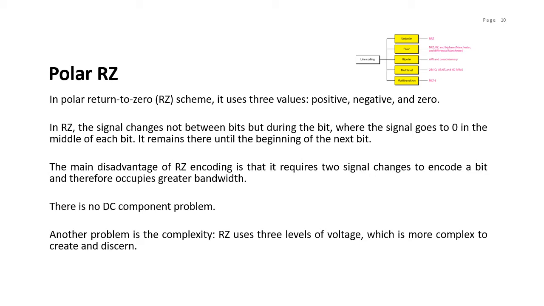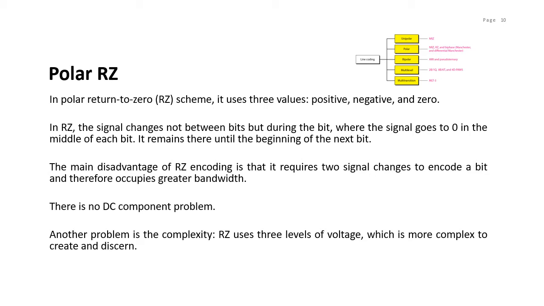The main disadvantage of return to zero encoding is that it requires 2 signal changes to encode a bit, therefore it requires greater bandwidth. The same problem we mentioned, a sudden change of polarity resulting in all zeros interpreted as ones and all ones interpreted as zeros, still exists there, but there is no DC component problem.